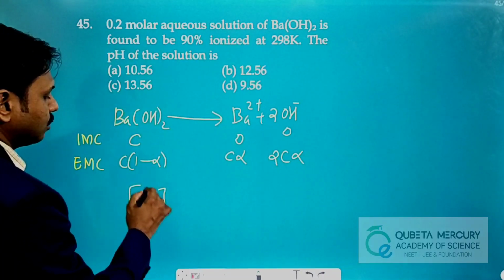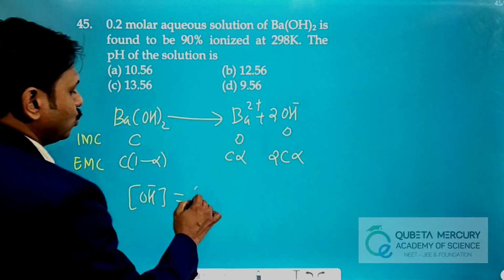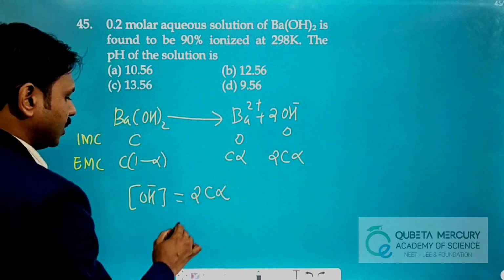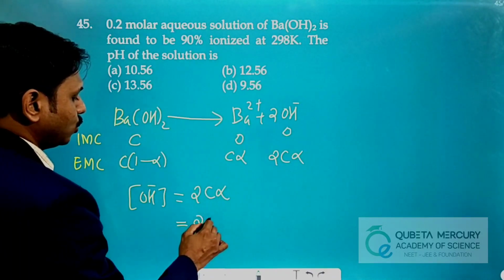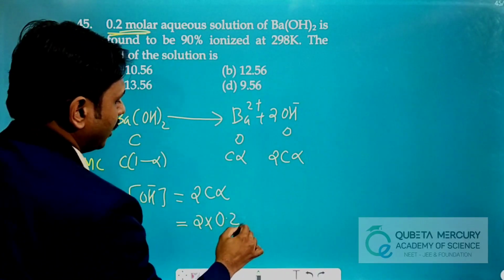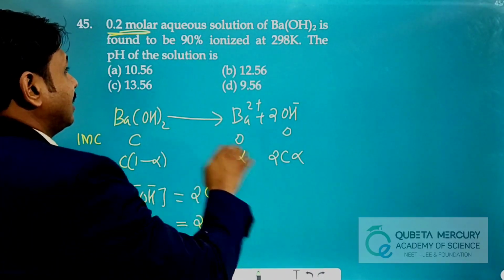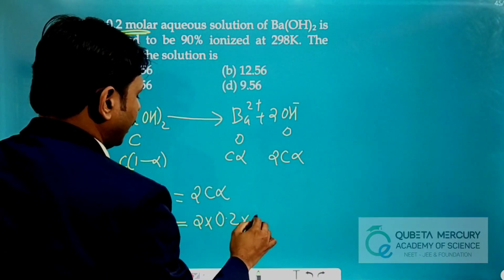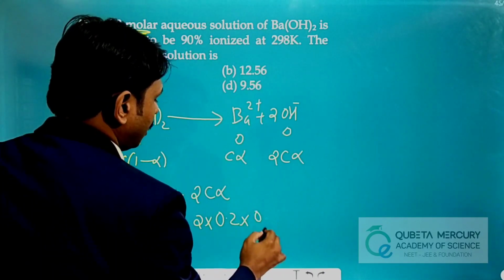How can we calculate the concentration of OH minus? Concentration of OH minus equals 2C alpha, isn't it? Or 2 into concentration of the solution, given as 0.2, into percentage dissociation 90, so I can write it as 90 by 100.